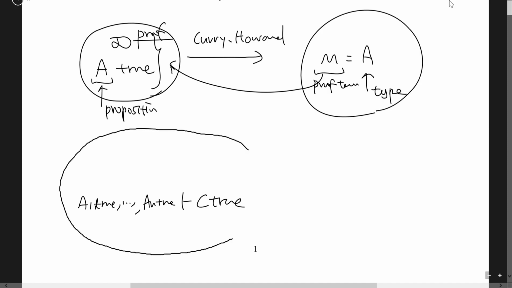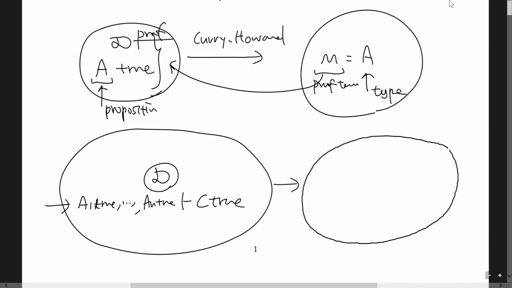So you have natural deduction system formulated with this hypothetical judgment. So you have a proof D, and we'd like to represent the proof D with proof term M of type A, but under typing context of this form, X1 has a type A1 through Xn has a type AN.